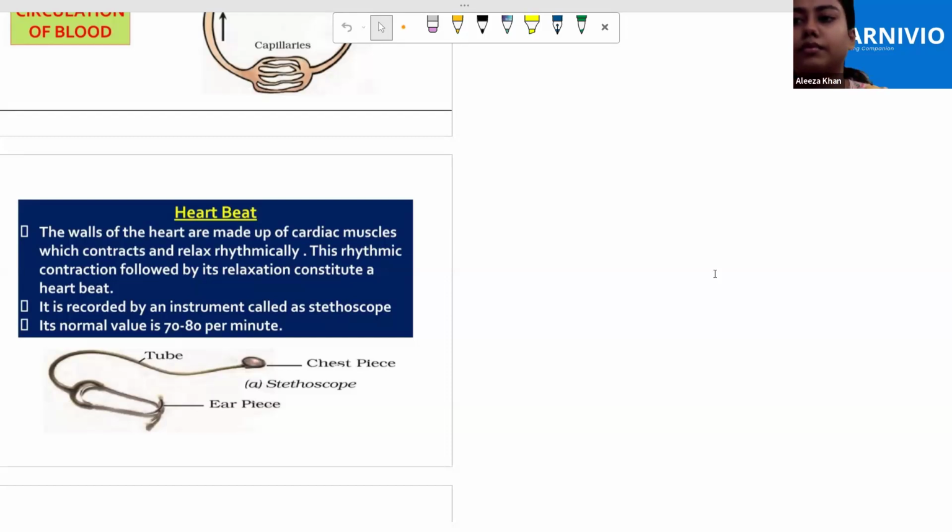In total, we have four valves. You have told me the two. What about the other two valves, the bicuspid valve and tricuspid valve? Location. The left atrium and... ma'am, I know the valve, but I can't explain the location.